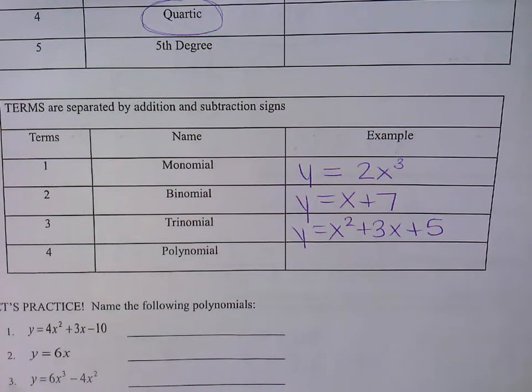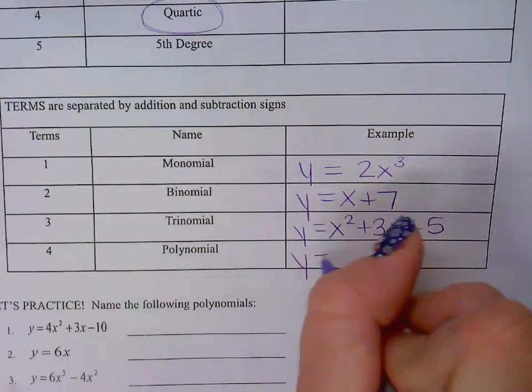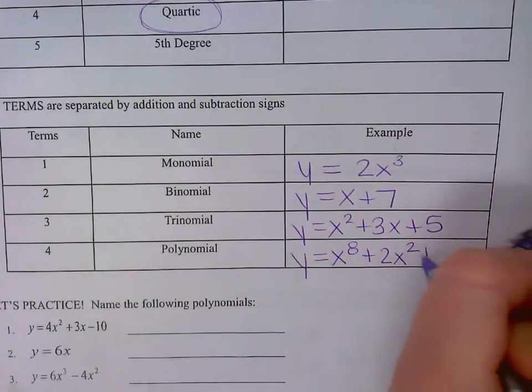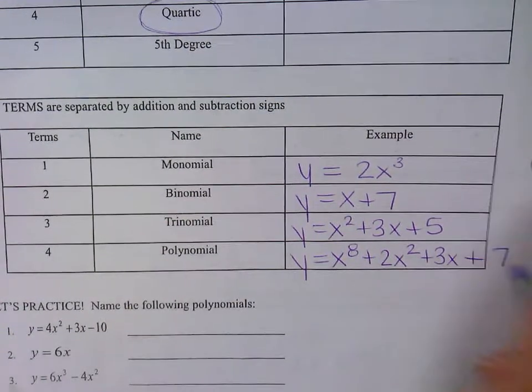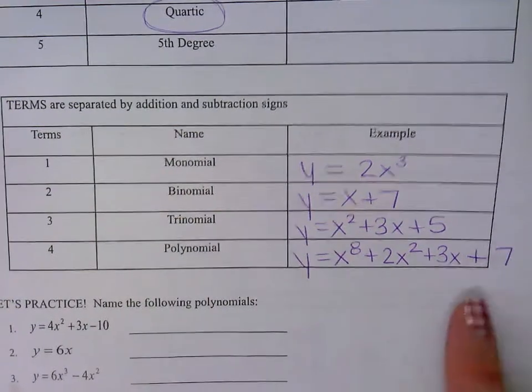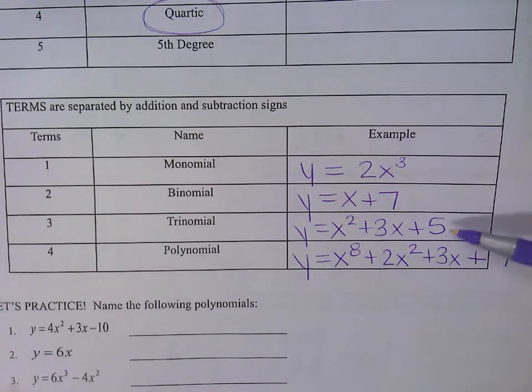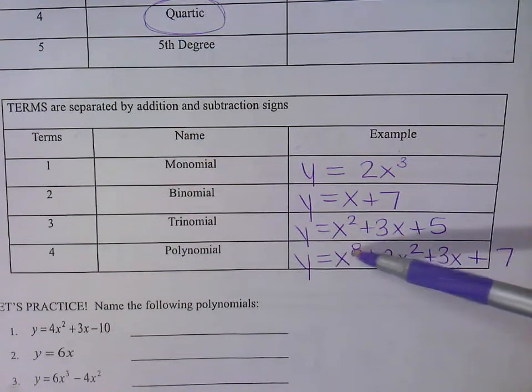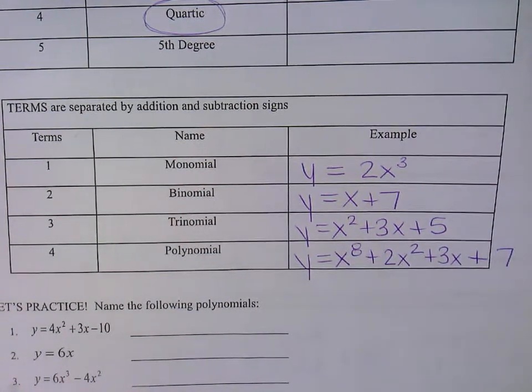And then polynomial, could be like x to the 8th plus 2x squared plus 3x plus 7 or something like that. It has more than 3 terms. So I can't call it a trinomial anymore. So that's just an 8th degree polynomial. So that's identifying how many terms.